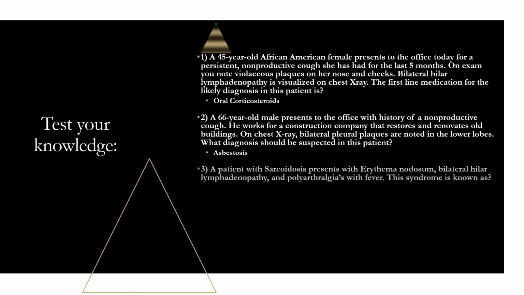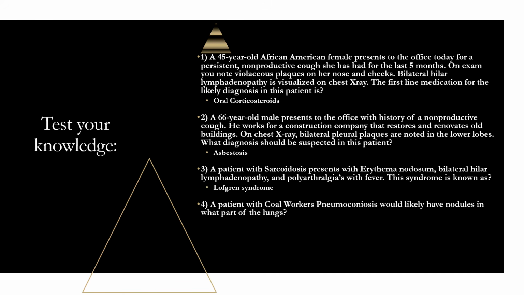All right, question 3. A patient with sarcoidosis presents with erythema nodosum, bilateral hilar lymphadenopathy, and polyarthralgias with fever. This syndrome is known as Lofgren syndrome. Question 4. A patient with coal workers' pneumoconiosis would likely have nodules in what part of the lung? So remember, they're working down low, so those nodules are going to be in the upper lobes of the lung.